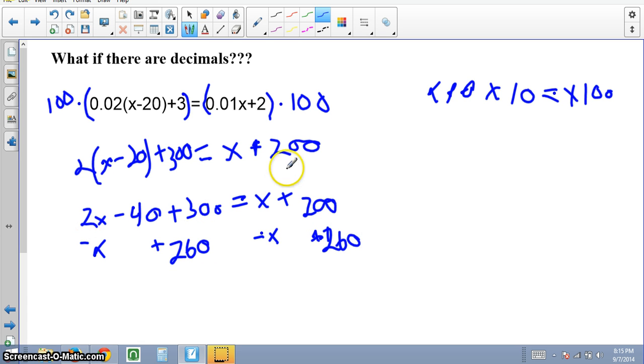Subtracting x, adding 260 because that's what this is. And you get, oh hey, you get 1x, which works out awfully nicely, equals 460. You can check and verify that it works out just fine if you put it back into the original problem.